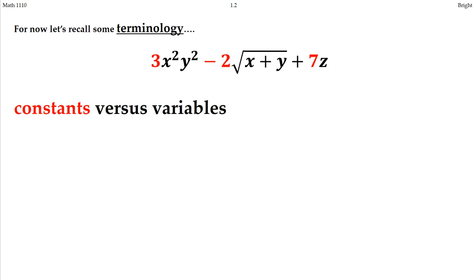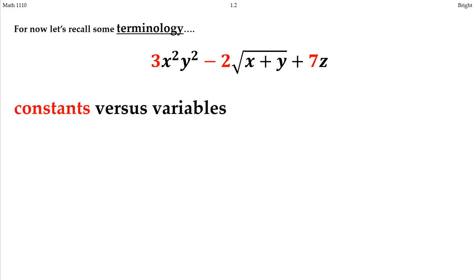Then you'll see x squared, y squared, x plus y, and z. Anything that is a normal English letter, we think of as a variable, something that has a non-fixed value, or just something that we don't know the value of. So when I use the language of constants and variables, make sure you have that distinction.